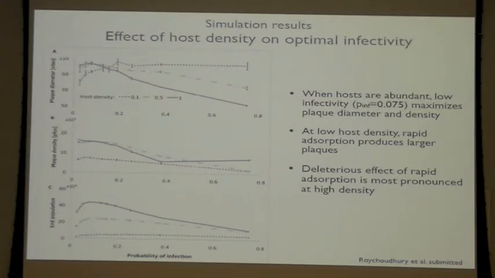So this was the result that we got, and it was really cool because here was a situation where we were able to include something about the ecological dynamics that was not present in our original system, and ask what effect that had on our results. So that was the first thing that we did.